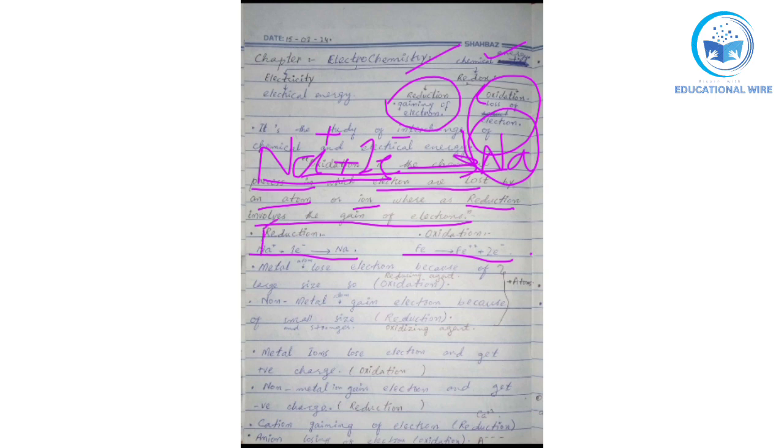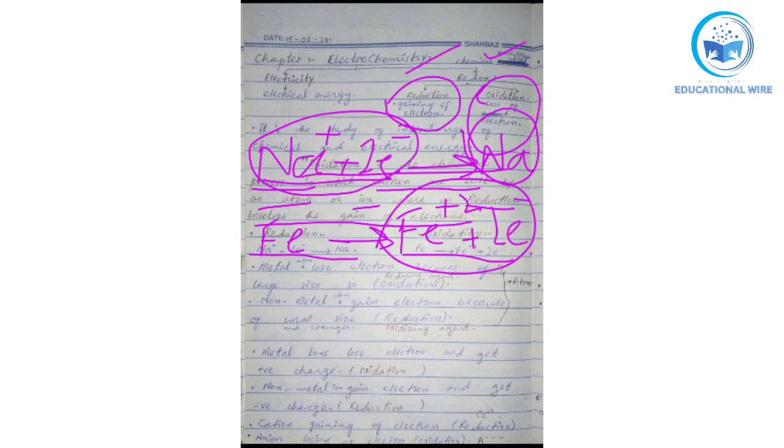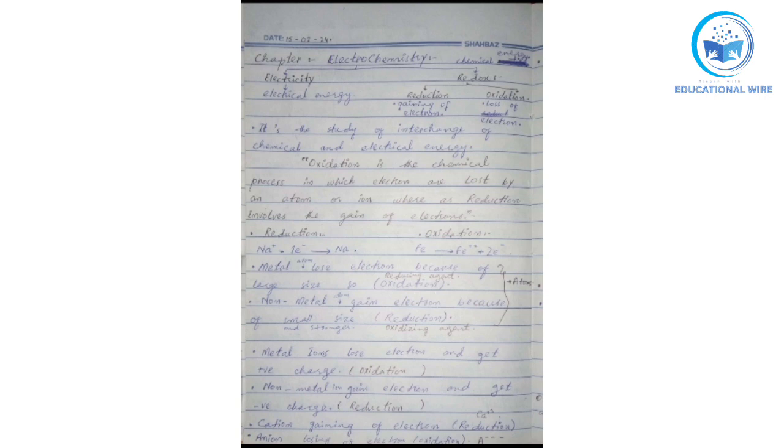And talking about iron, Fe, when it converts, it loses its two electrons. So this reaction is called an oxidation reaction, and where it's gaining electrons, this process is called a reduction reaction.